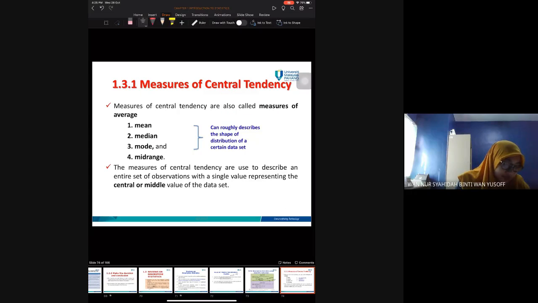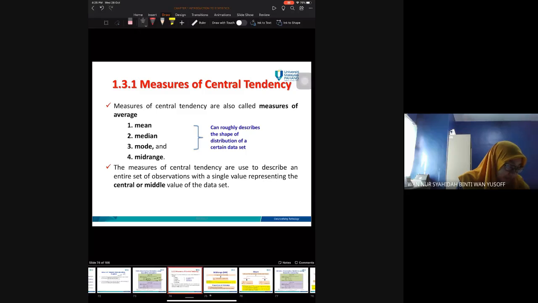Okay, so measure of central tendency. We also call it a measure of average. It is about the middle of your data set. We have mean, median, mode, and mid-range. Mid-range is the simplest measure that we use to measure the center of the data.